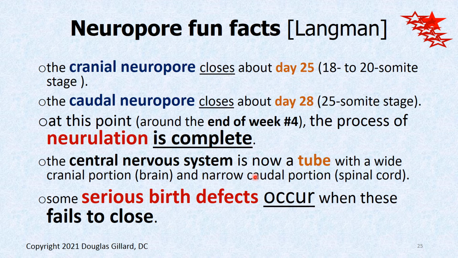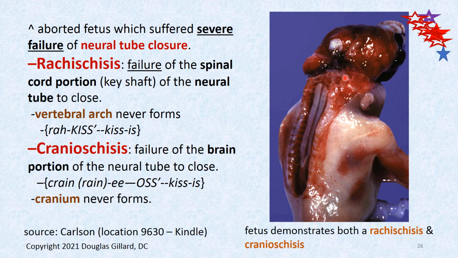And there are some major birth defects that occur if this tube doesn't form. I took a lot of this out. We'll talk maybe a little bit more in fifth quarter about this. Gross slide, so be forewarned. There are two words you've got to make note cards for and burn into your brain.